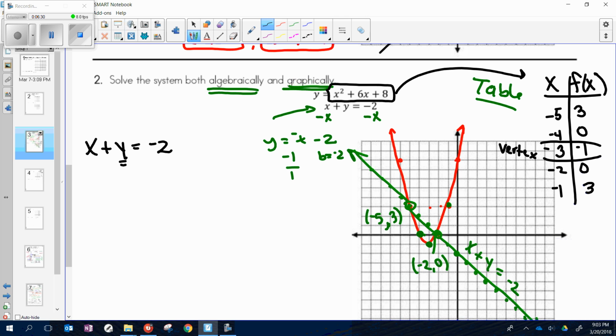So I'm going to replace the y with the mess. I have x plus something big equals negative 2, and that something is x squared plus 6x plus 8. I'm using substitution.